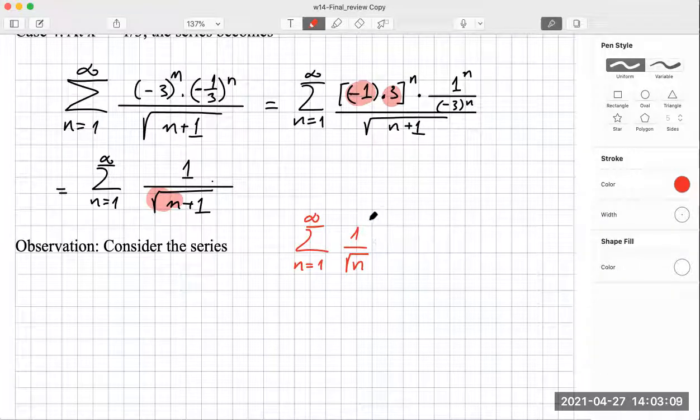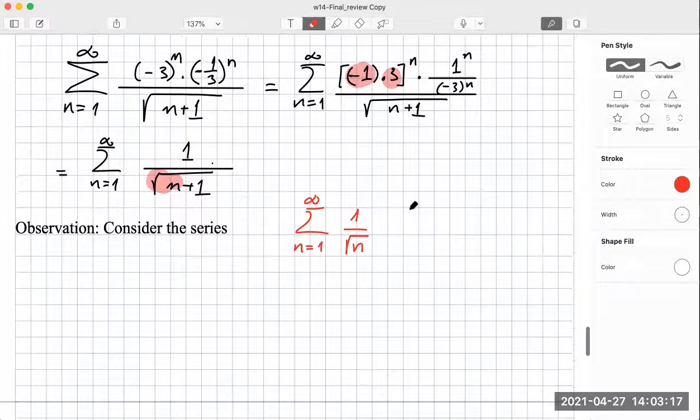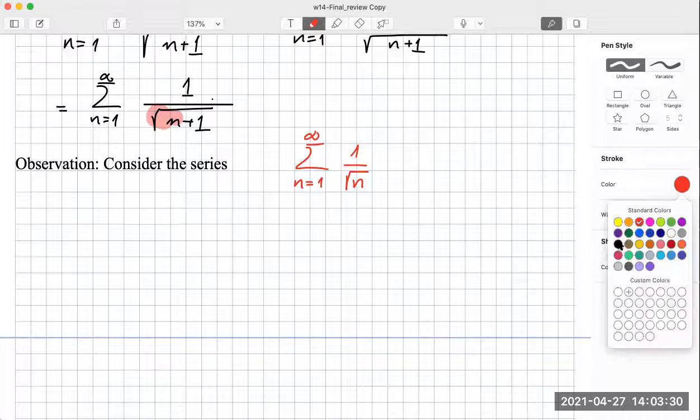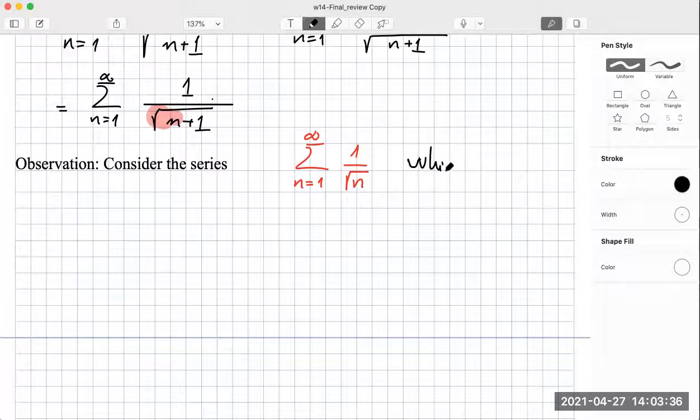This series, is it convergent or divergent? It would be divergent. Why? Because it's similar to 1 over square root of n plus 1. No, I mean, I'm asking about the red series here. Oh, okay. 1 over square root of n is divergent because it is a p-series, right?